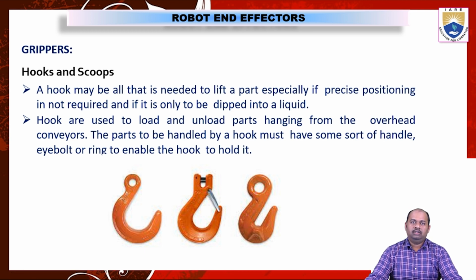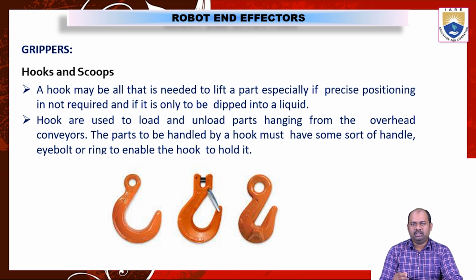A hook may be all that is needed to lift a part, especially if precise positioning is not required. So where do we use this kind of hook? This is an end effector. It can be connected to the end point of the robot and used to lift loads.